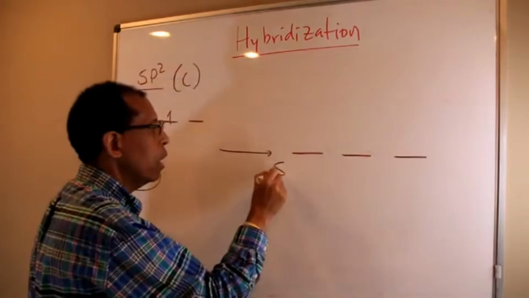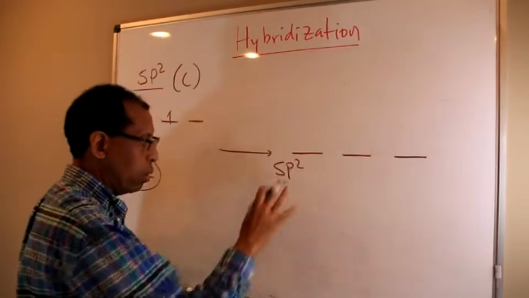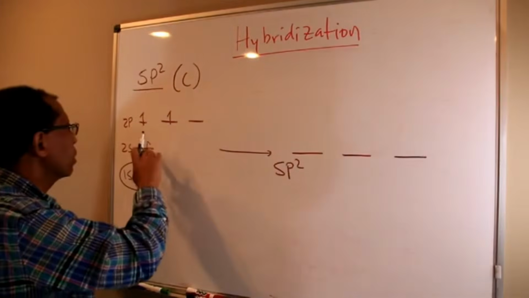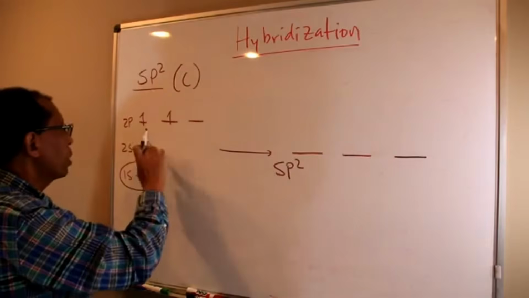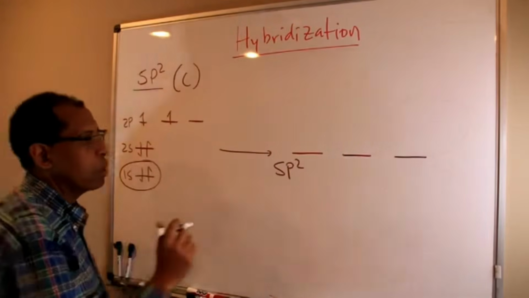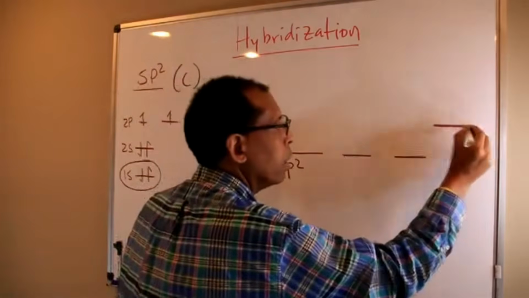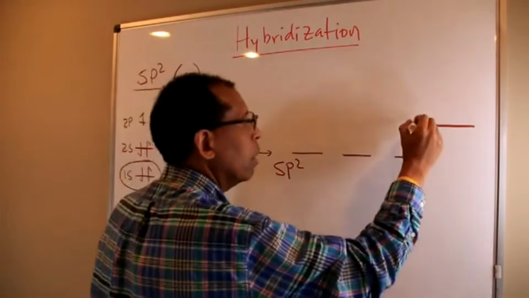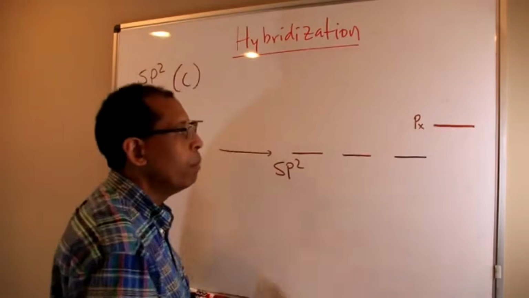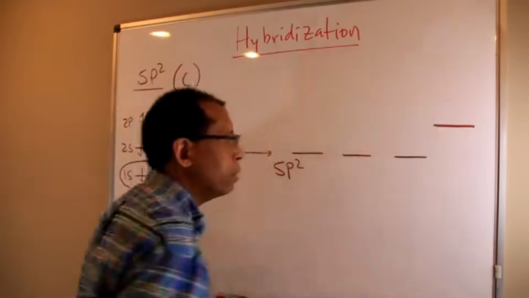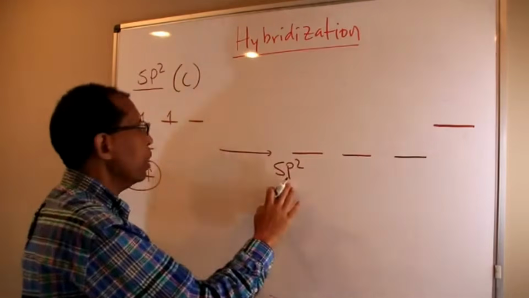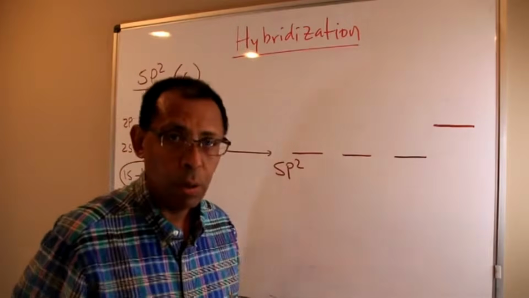These sp2 orbitals are of lower energy, but because there are 4 atomic orbitals, 1, 2, 3, 4, one of them is not hybridized, so it will be a little higher in energy. It could be the px, the py, or the pz. It doesn't matter which one, but one of the p orbitals is not mixed because we are just mixing one of the s and two of the p, which are degenerate orbitals.